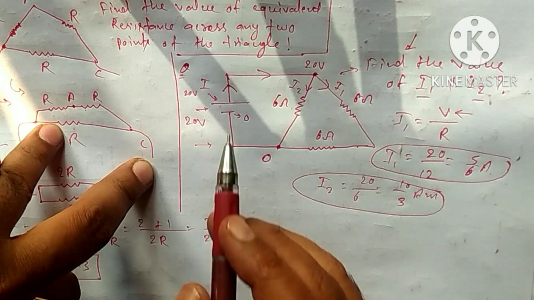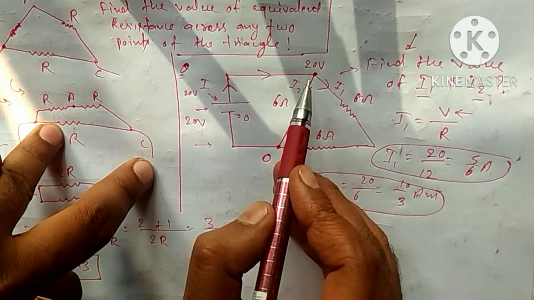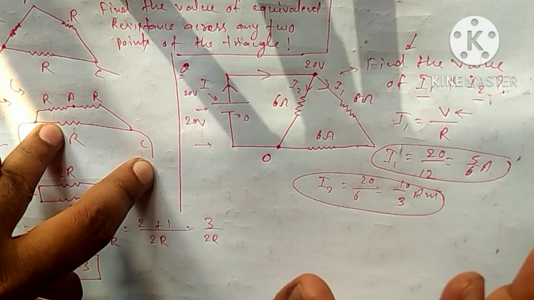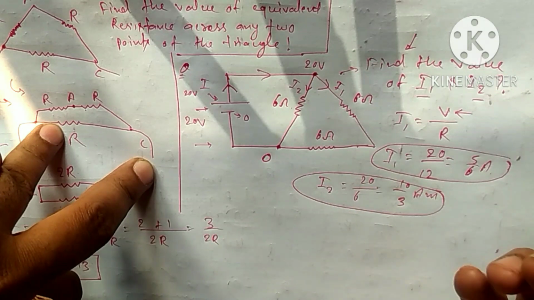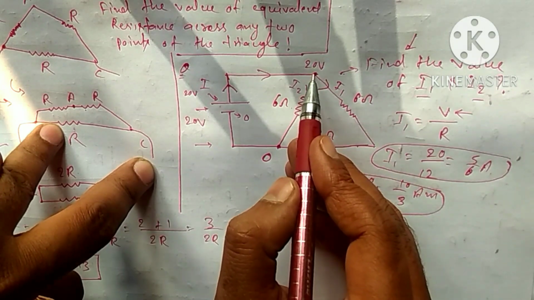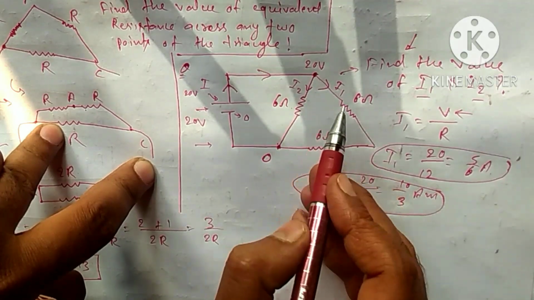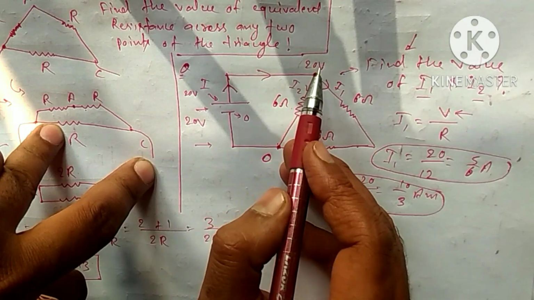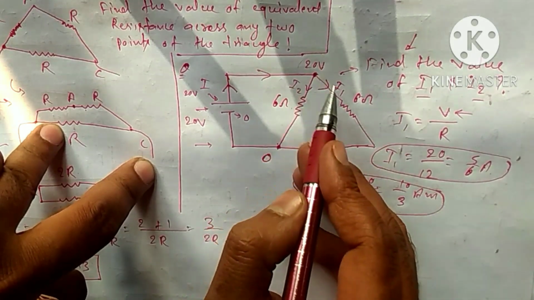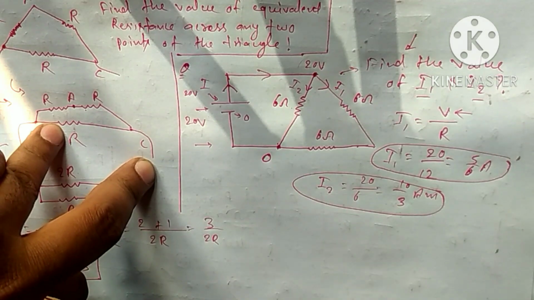Firstly we consider the voltage. What is the voltage here? We can see the diagram and find it by circuit analysis. Find the voltage for this point and this point: 20 volt. Both I1 and I2 have 20 volt because they are arranged in parallel. Hope you are able to understand this question.